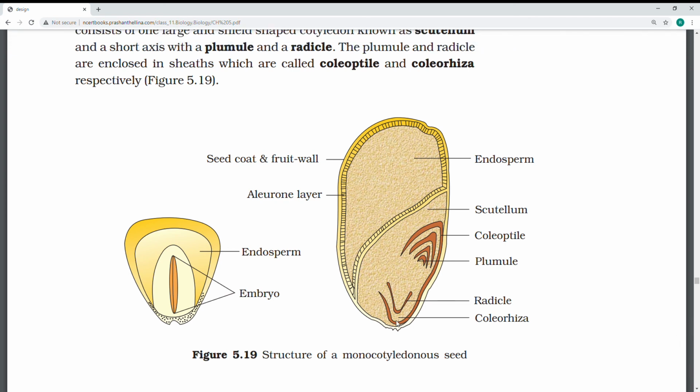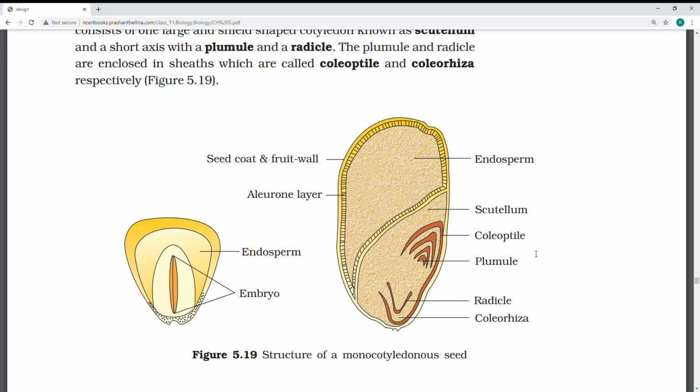So the radicle which is going down is covered by the coleorhiza. So coleorhiza for the root and for the stem it is coleoptile. See the descriptions of these. So what is endosperm and what is the aleurone layer here?